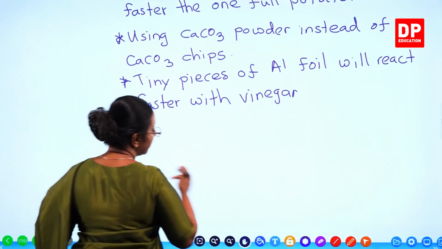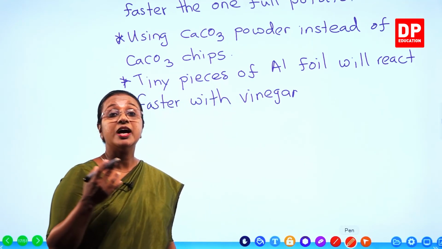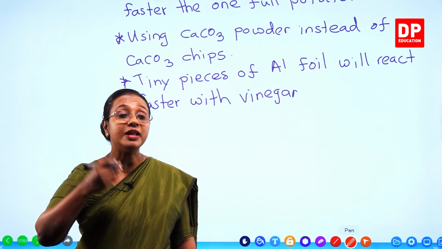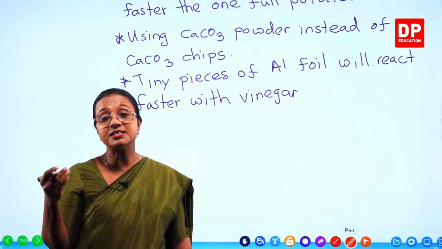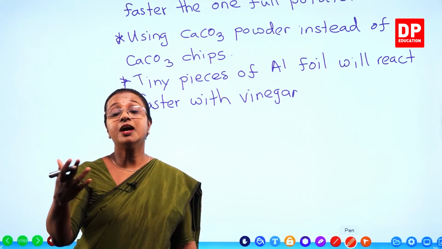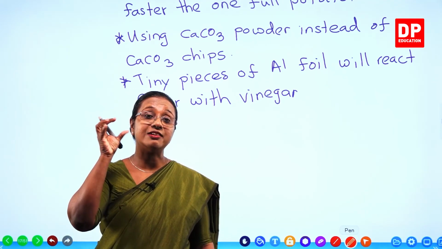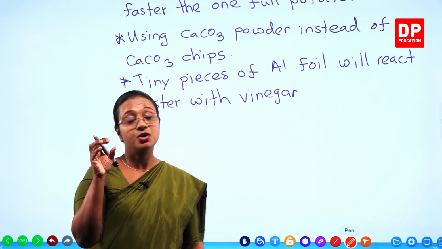Same way, you can think of eggshells. Eggshells have calcium carbonate. When you break the eggshells into tiny pieces and react it with vinegar, carbon dioxide will be produced. So that will also be faster than reacting the whole eggshell as one.